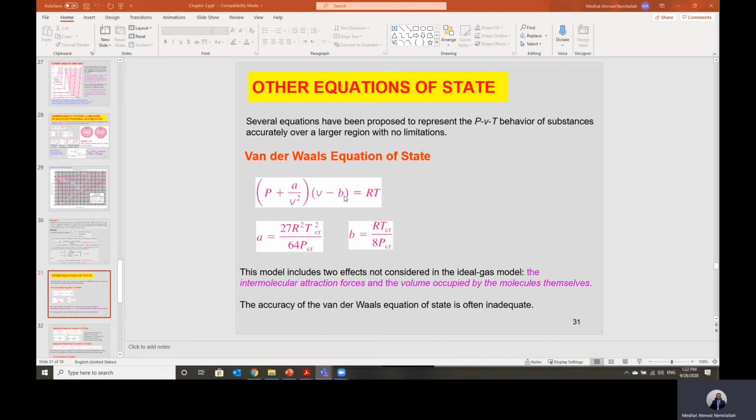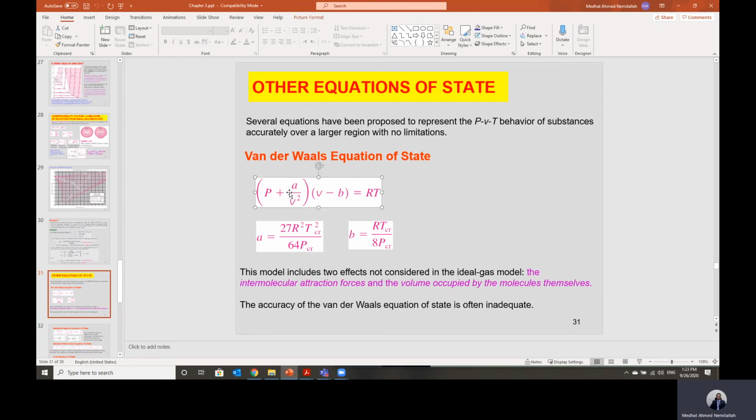Empirical means that the equation has been generated based on experiments. We test different gases under different pressures, at a given temperature, and get a curve, then repeat the process at another temperature, and so on for different gases. Then we make a kind of curve fit and get a modified equation based on those experimental data.